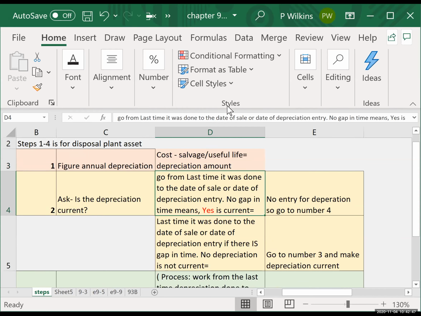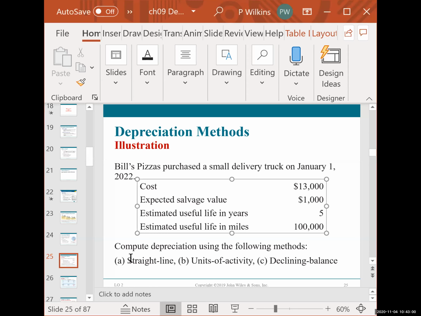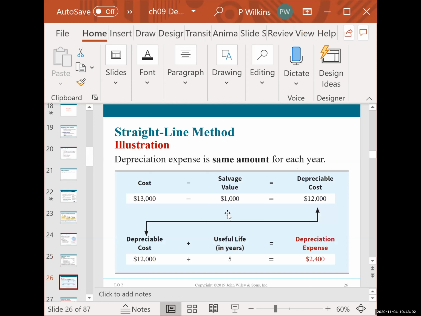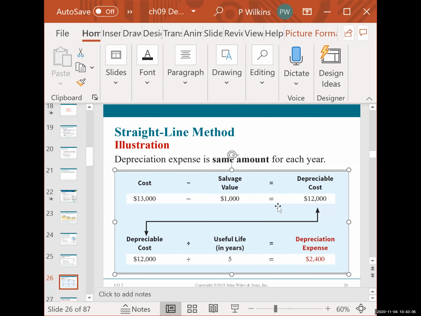Okay. So I'm going to take you back now to the slide that we were looking at, because we're going to do that here. So we have the cost of $13,000, right? So here's how we do the depreciation expense for each year, the annual depreciation.